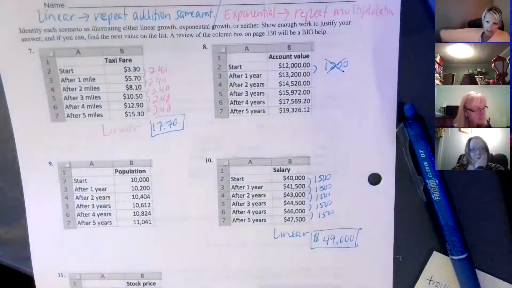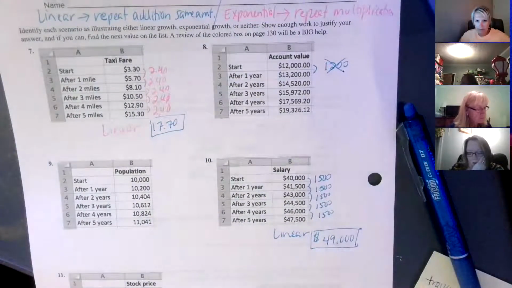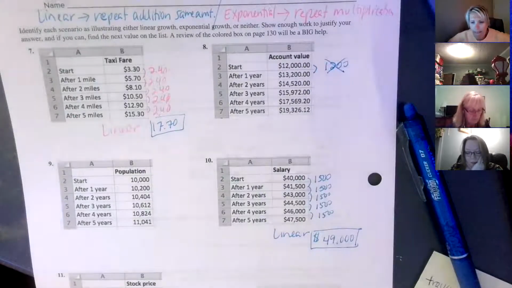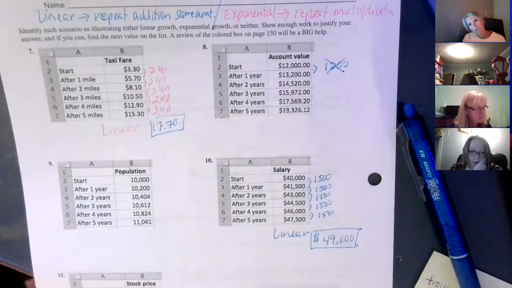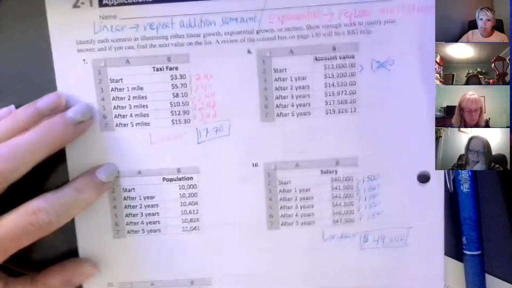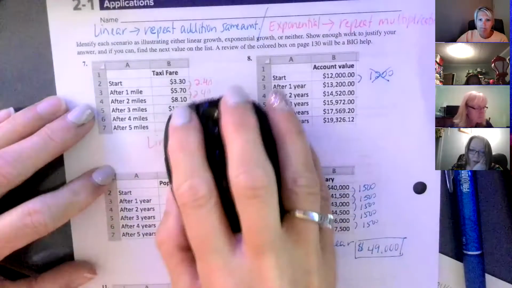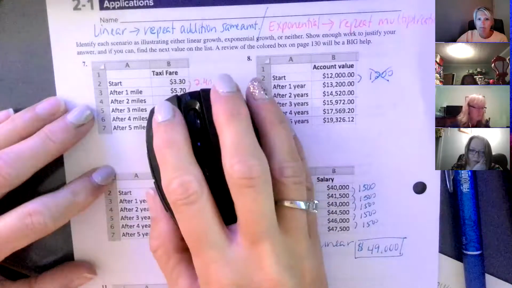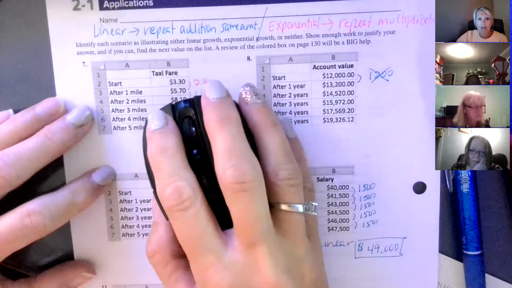How did you find that, Sandy? I could tell it wasn't linear just by subtracting the first sets of values. So I then took the 13,200. I divided it by 12,000. I got 1.1. So then I took my 13,200 and multiplied by 1.1 and it went up the same. Okay, I love it.